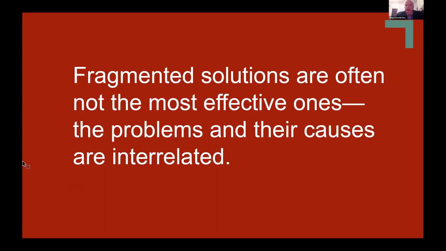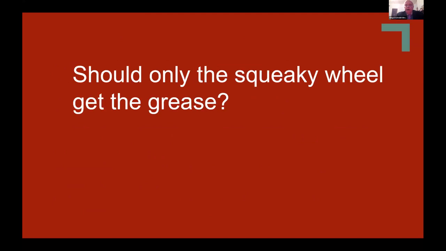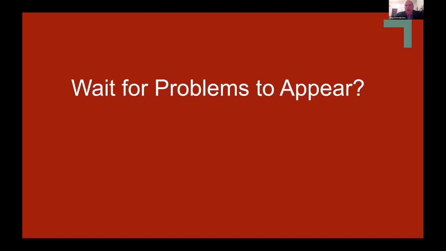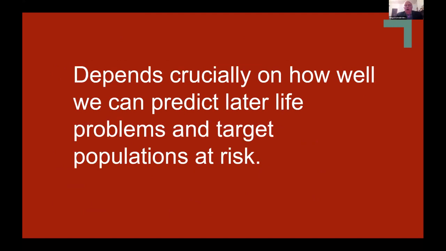And we know that the most effective way is sometimes to tackle problems and their causes at the source and rethink public policy. Should we wait for problems to appear, or how? It really depends crucially on how well we can predict later life problems and target the populations at risk.